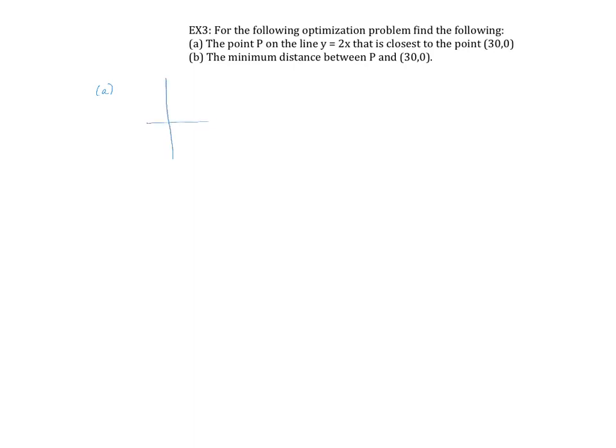And this is not going to be to scale. So let's say this is 30. Now the only thing I know is that my point lies on the line y equal to 2x. So that would be a kind of a steep line. So this point I'm looking for, P, is going to be on this line, so it's probably going to be above the x-axis.